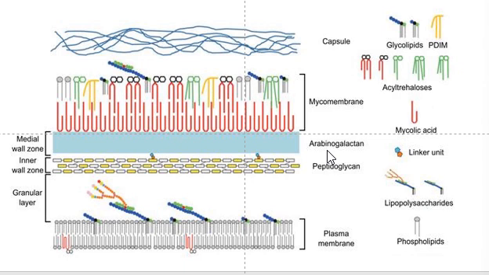Now on the outside, we find the mycolic acid here. These mycolic acids are very long chain hydrophobic fatty acids, forming a waxy barrier, meaning that they tend to repel water. They have the hydrophobic nature of fat.